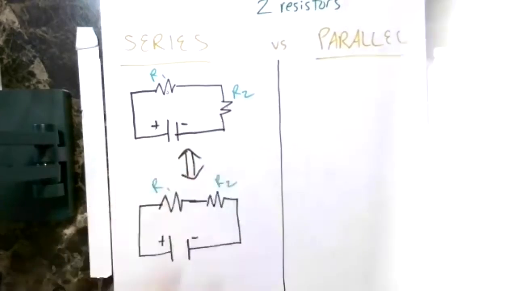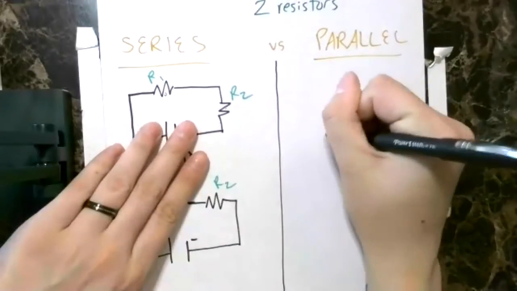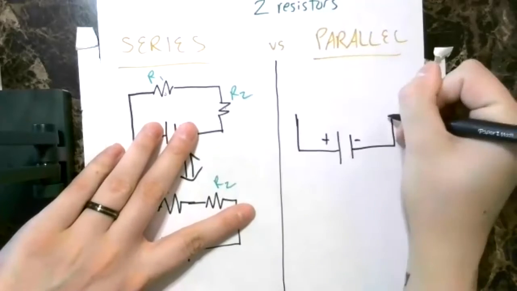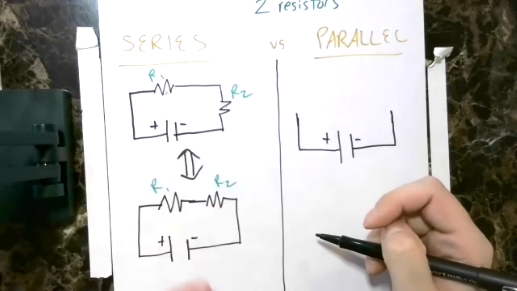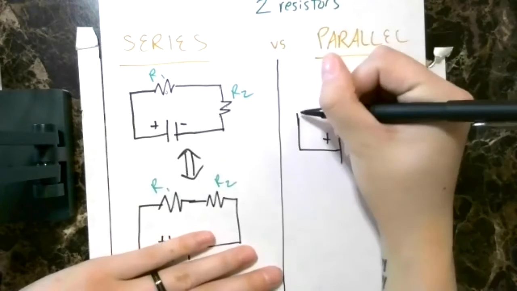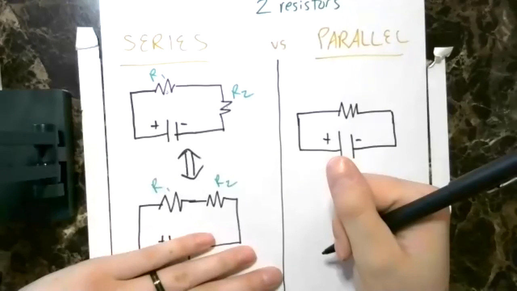So instead of it looking like this, 3 lanes this way, I'm going to rotate it this way, so they're parallel with the horizontal. Again, I'm going to draw the battery. Okay. 2 resistors in parallel. Draw the first one. Second one.